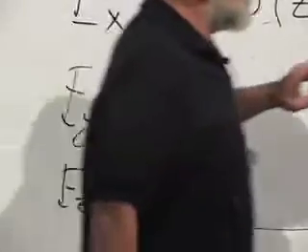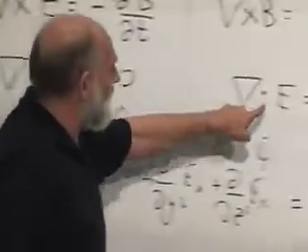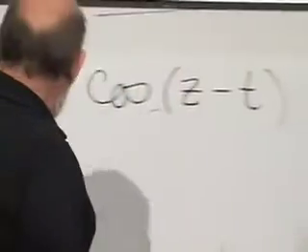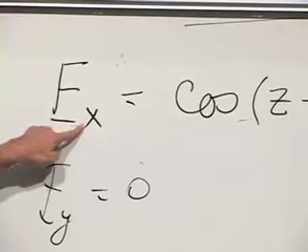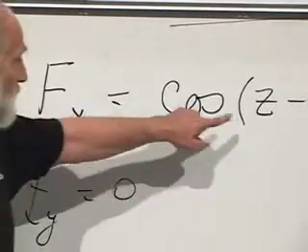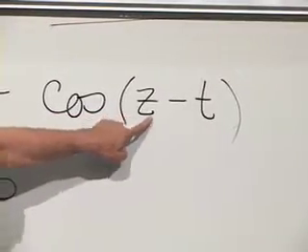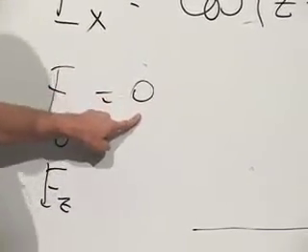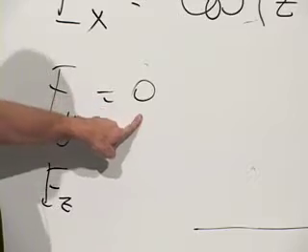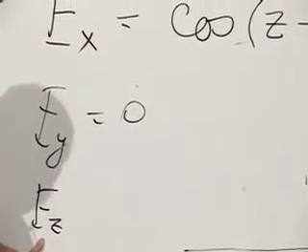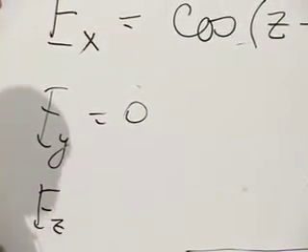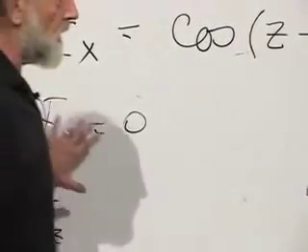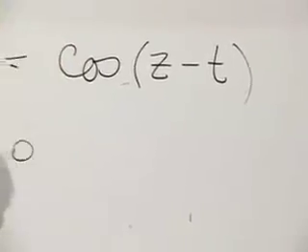It has to be 0 because del dot E is equal to 0. What is del dot E? It's the derivative of the x component with respect to x, but the x component doesn't depend on x, plus the derivative of the y component with respect to y, also doesn't depend on y, plus the derivative of the z component with respect to z. These two terms in the divergence of the electric field vanish, so must this one.